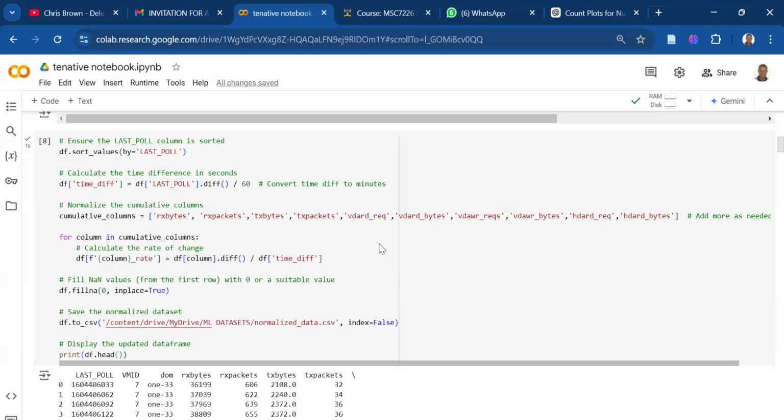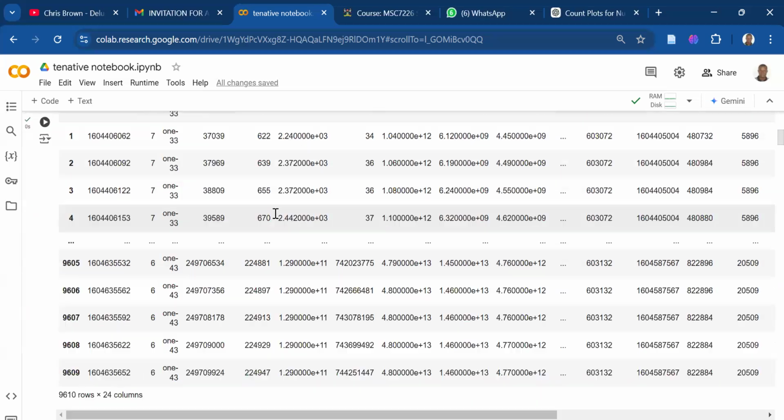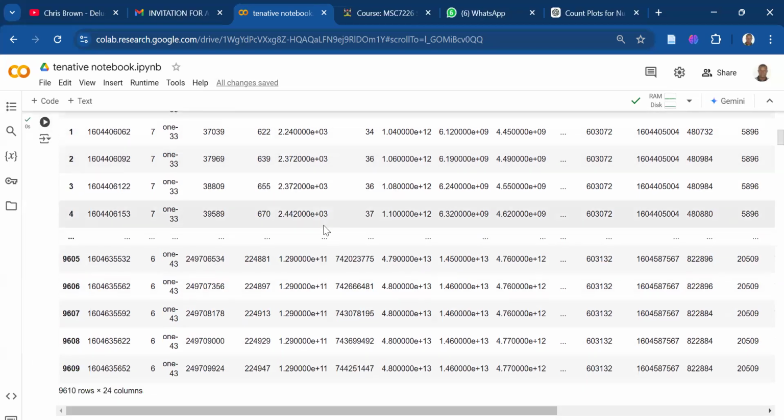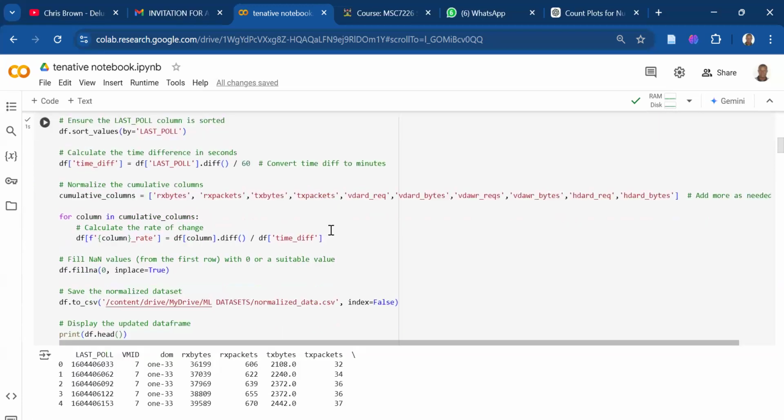Then I divided them by 60 so that I convert the data here to rates. I converted it to rates because I want to reduce the training time of the machine learning algorithms, and also to provide useful information.